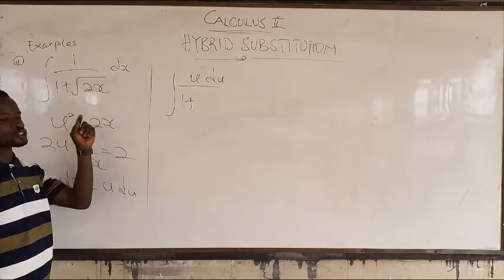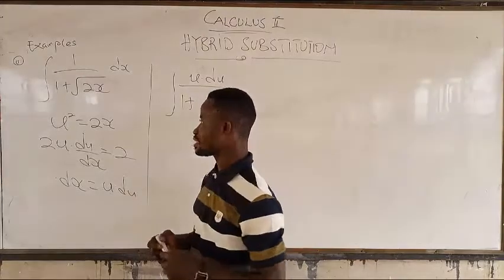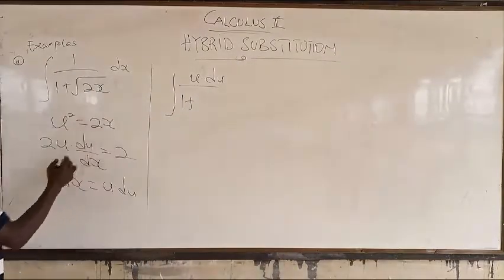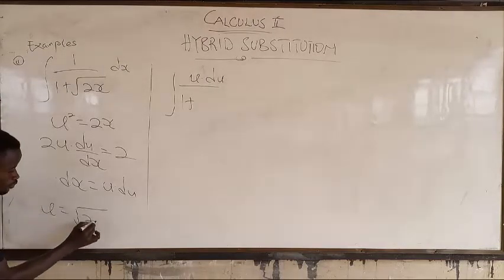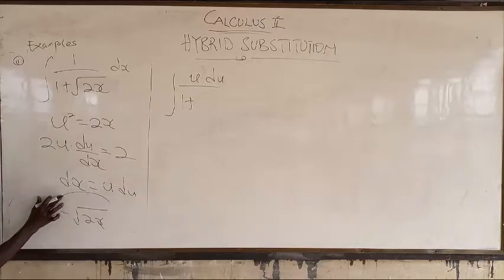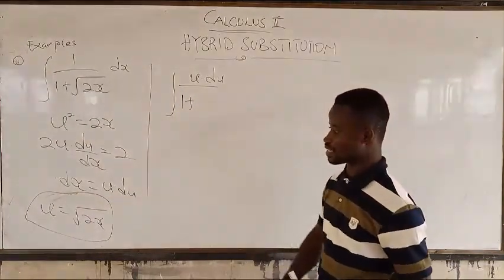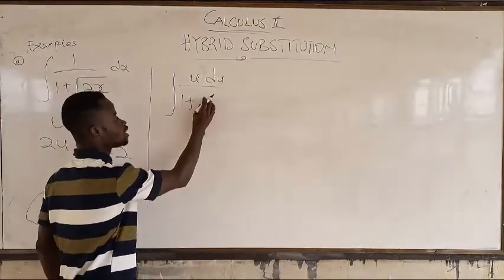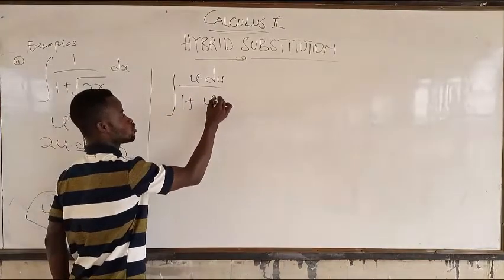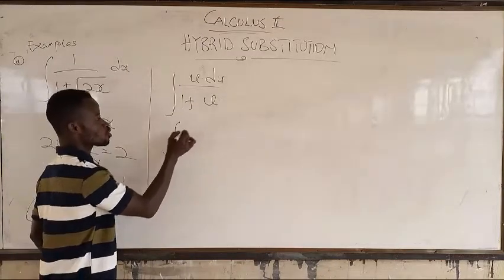So, for you to get u squared is equal to 2x, it means that it's coming from u is equal to square root of 2x. We have already established that, but just to print that part. Therefore, the whole of square root of 2x here is u. Now, the next thing to do is to go and integrate.